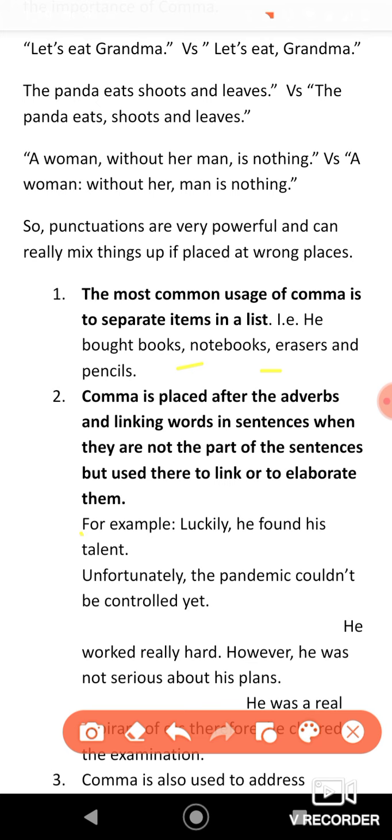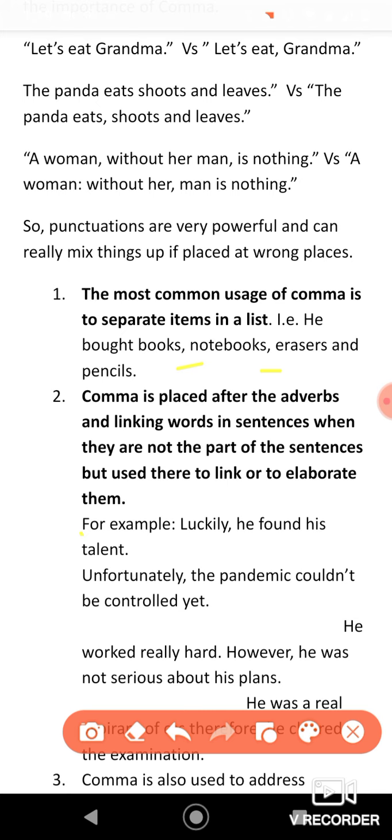The second usage of comma is after adverbs and linking words in sentences, when they are not the integral part of the sentence but are used there to link or to elaborate.